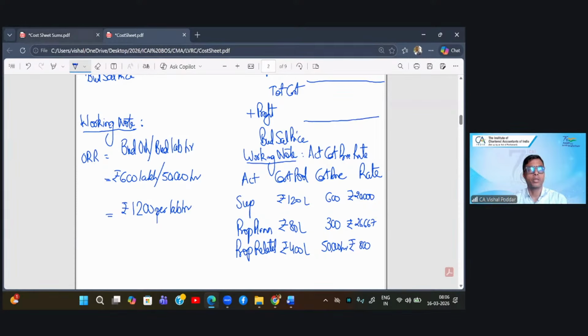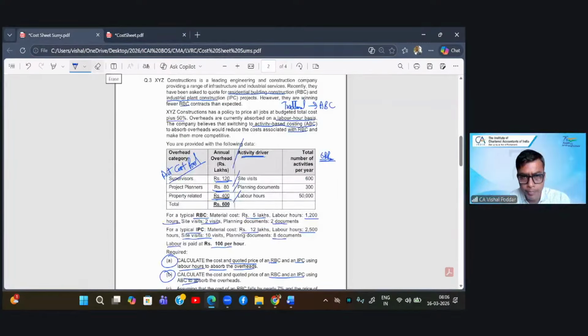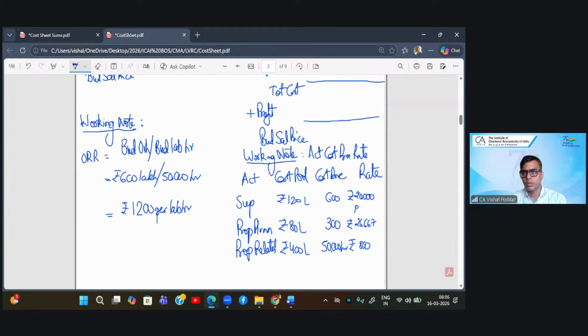This is 20,000 per what? Per visit. Correct? That is 26,667 per document. So this is 20,000 per visit, per document, per labor hour. Correct?